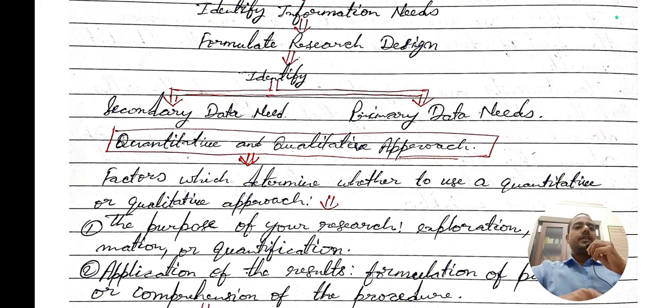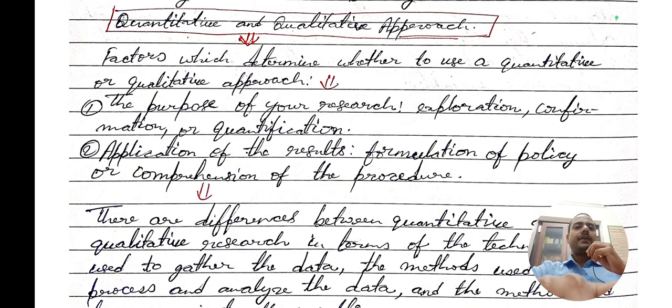So quantitative and qualitative approach: factors which determine whether to use a quantitative or qualitative approach. The purpose of your research: exploration, configuration or quantification. Second, it is given application of the results, meaning formulation of policy and comprehension of the procedure. So these are the factors which determine whether to use a quantitative or qualitative approach.